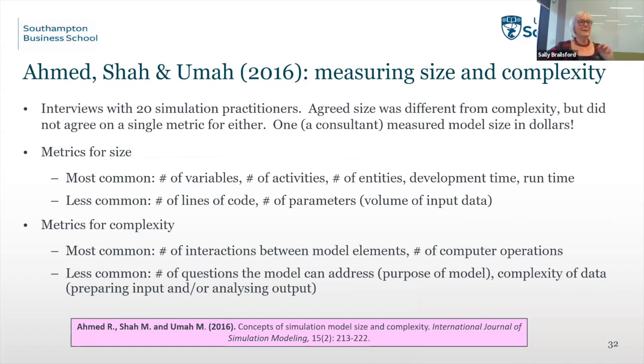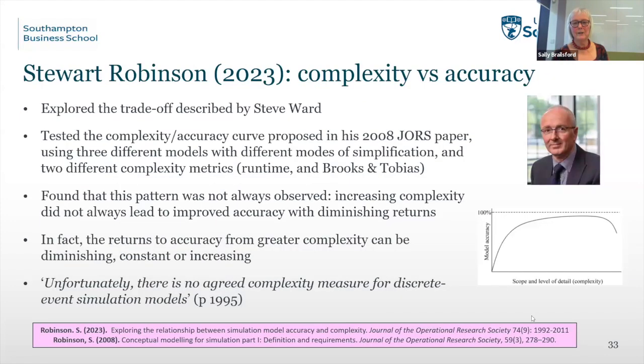One of them was a consultant, and this made me smile: he measured size in dollars rather than other things like variables, etc. So they're kind of what we would expect in terms of size. In terms of complexity, one of the ideas is how many questions the model can answer. I think the more questions you try to get a model to answer, the more complex and opaque it becomes. Whether that's a good thing or not, I'm not sure I would agree.